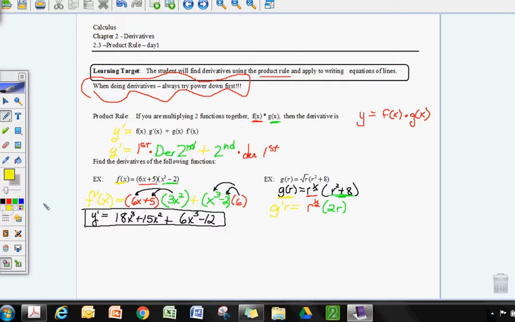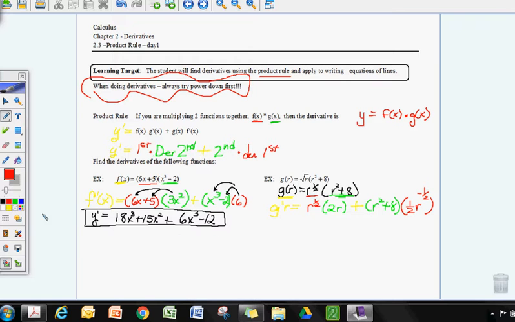It's going to be added on to that second term, which is r squared plus 8. And then I'm going to take that times the derivative of the first. That is 1/2 r raised to the negative 1/2 power. Okay, so now we need to multiply this stuff together and work it out.